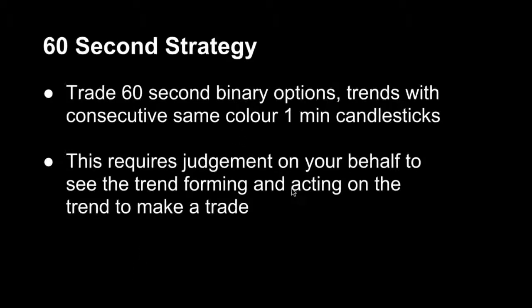Once you've determined that trend has formed, that's when we place our trade. You can be more aggressive and maybe place it on the second forming candlestick or even the first if you have a good feeling that the trend is going the way you think it is. But once you've seen that trend, that's when we trade. So this requires judgment on your behalf to see the trend forming and act on the trend.